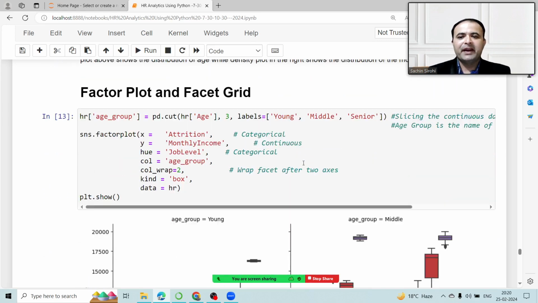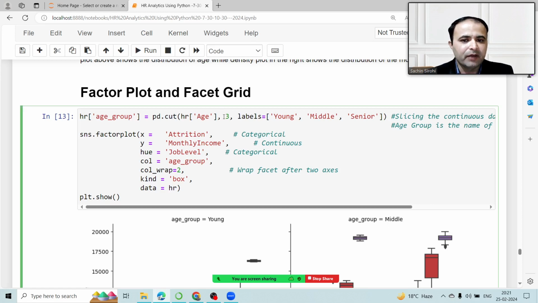Now factor plot and FacetGrid. In the HR data, I have fetched a particular age group, and used pd.cut on the age column with the help of pandas. We want to cut it into three values: young, middle, senior.